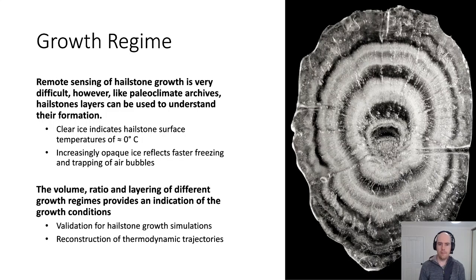So the volume, the ratio and the layering of different growth regimes provides an indication of the growth conditions throughout the hailstone's growth trajectory. This can provide important validation for both simulations and also for reconstructing thermodynamic trajectories.